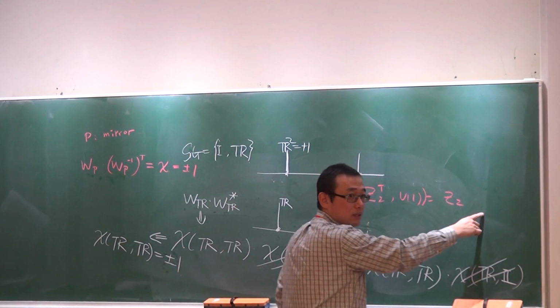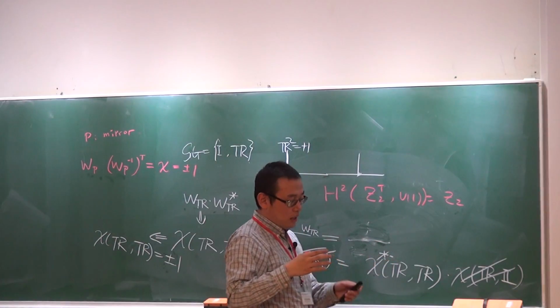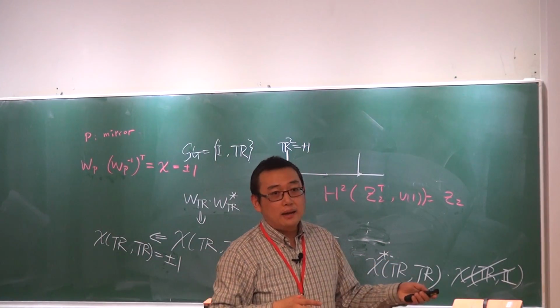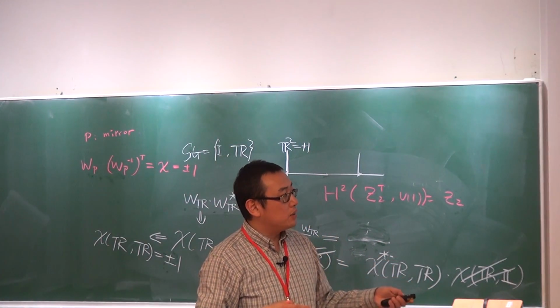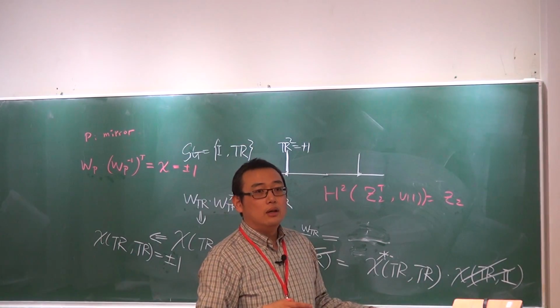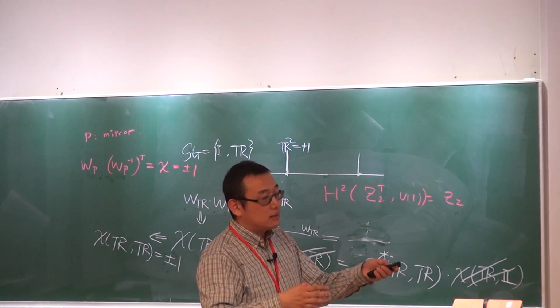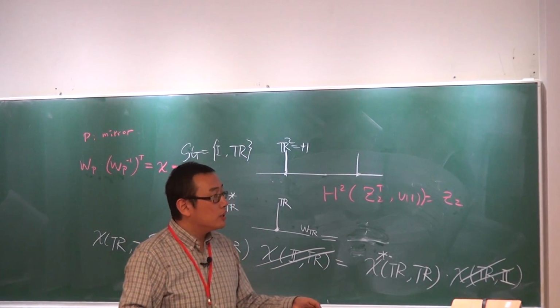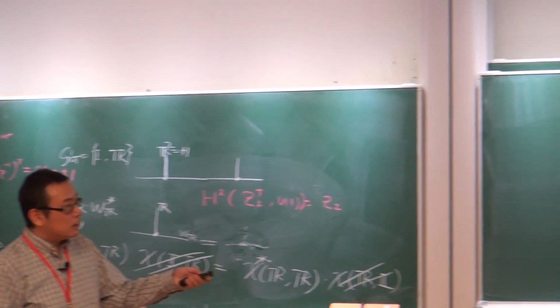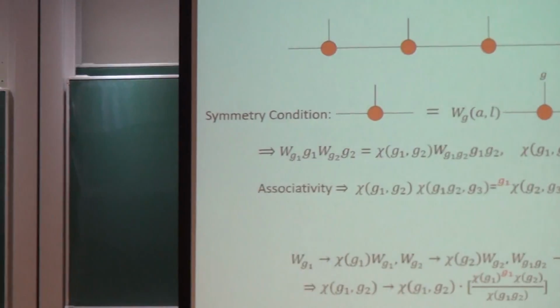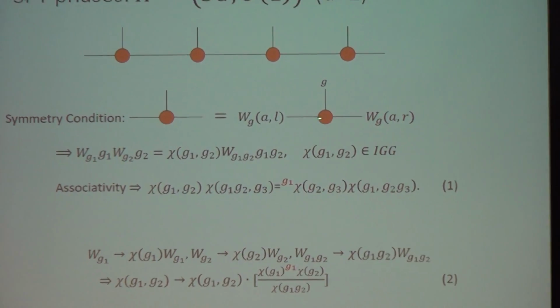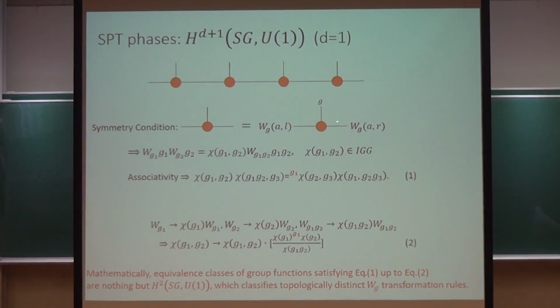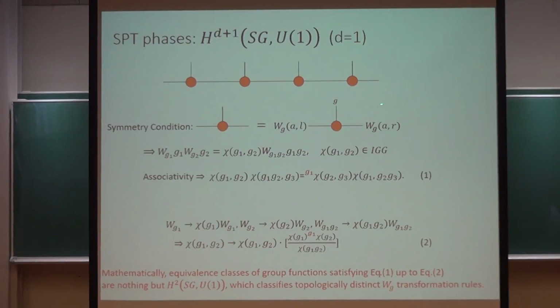And for every one of these classes, you can construct this chi. And for this chi, you can construct this W. And with this W, you can construct the tensor network. If you know the W, you know how the tensor transforms. So basically, this tells you that this tensor will live in a local subspace.